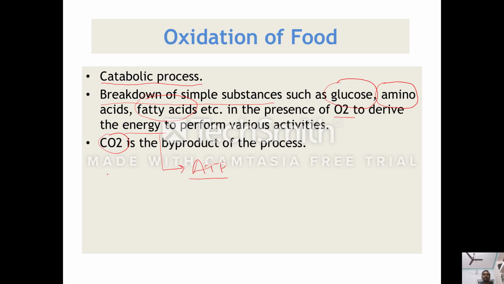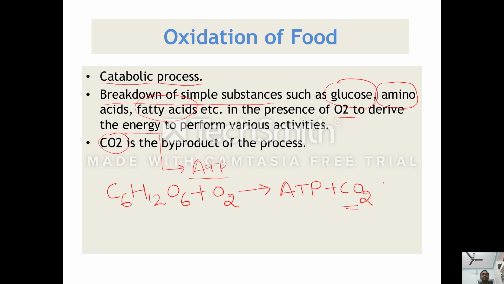In this process carbon dioxide is generated. If we write the simple equation of this oxidation of food, glucose is C6H12O6. This glucose is oxidized in the presence of oxygen, and the byproduct is ATP, with the yielding of carbon dioxide.